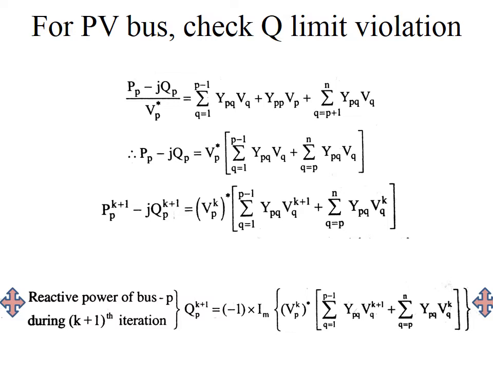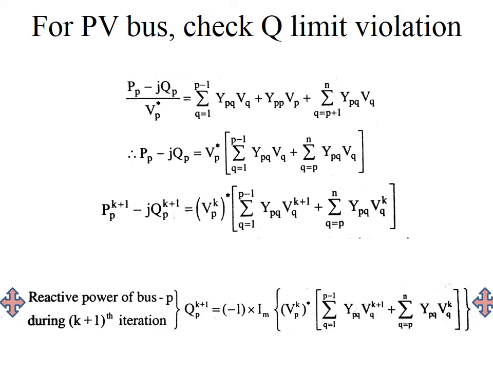Also, for a generator bus, lower and upper limits for reactive power will be specified. In each iteration, the reactive power of the generator bus is calculated and then checked against the specified limits.